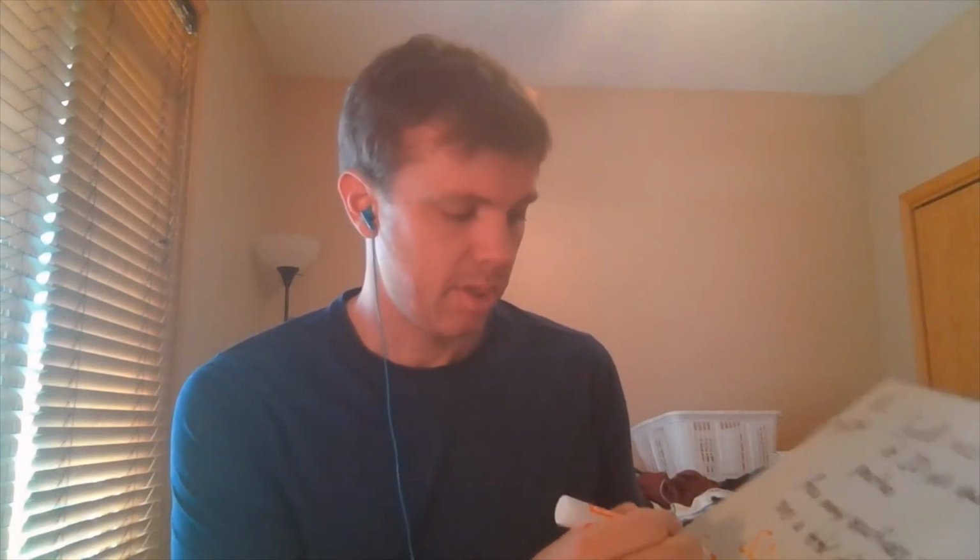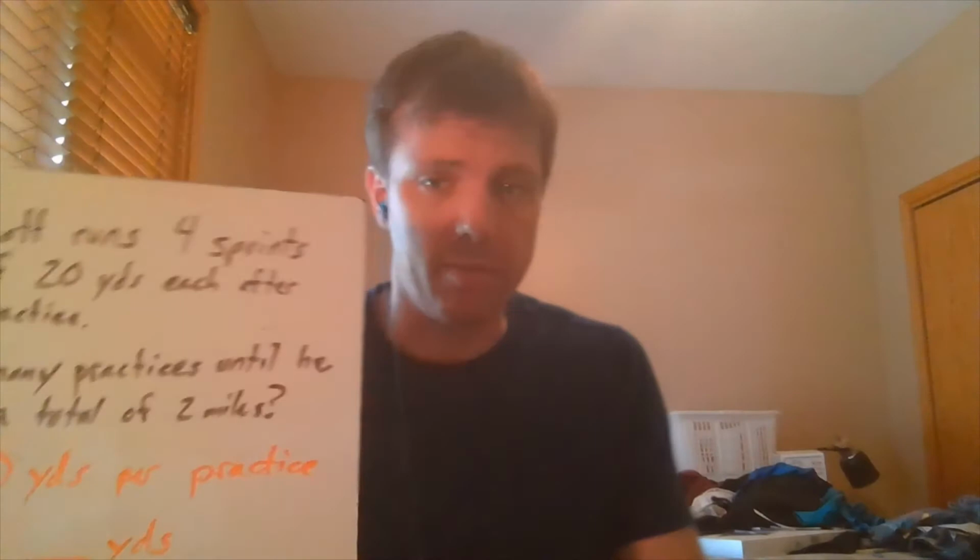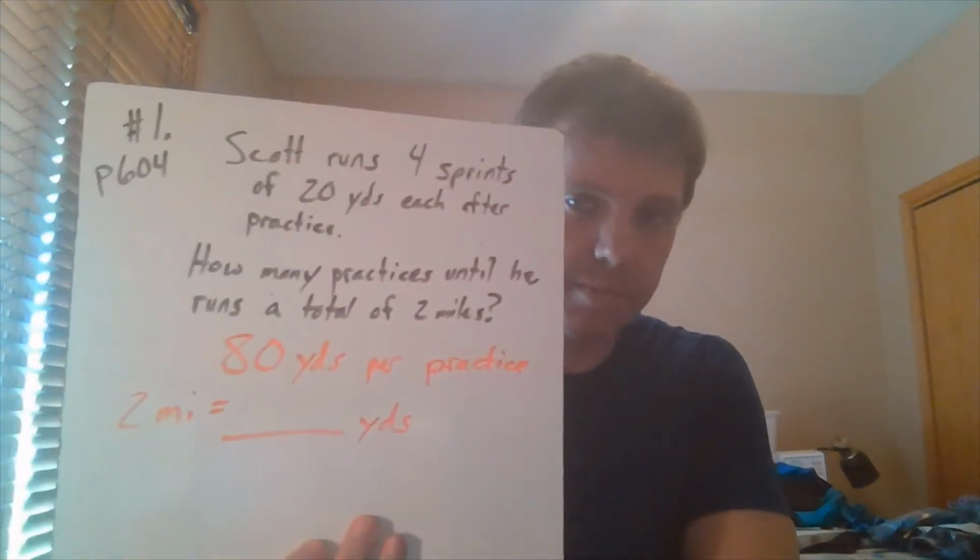Now we have to say, how many yards does he need to go? So we have 2 miles is equal to how many yards? Again, you might have to consult your little chart, but 1,760 yards is equal to 1 mile.